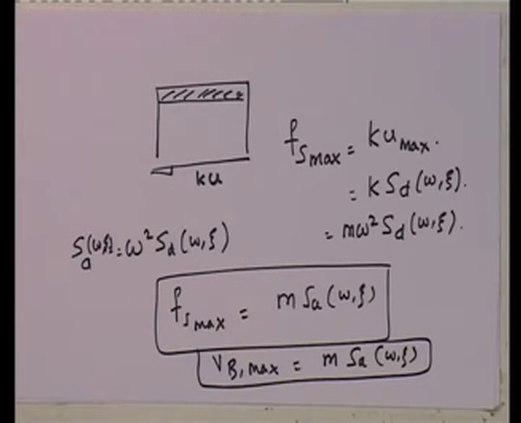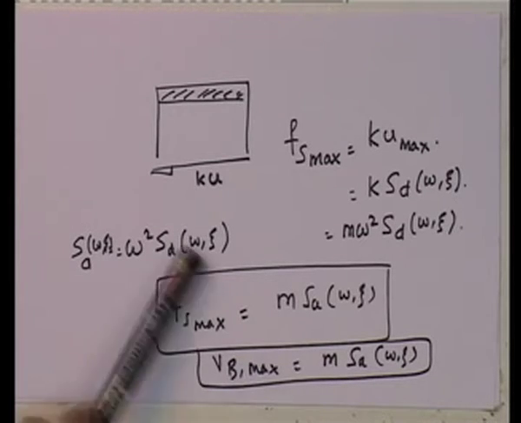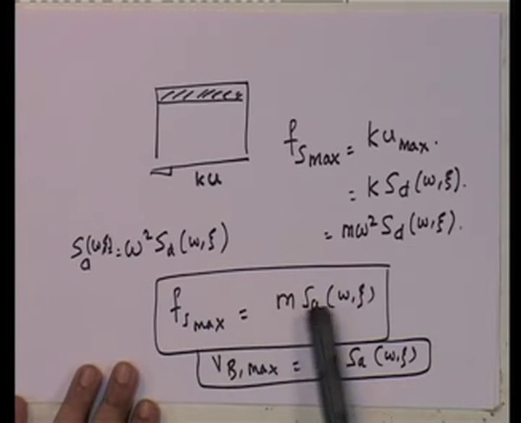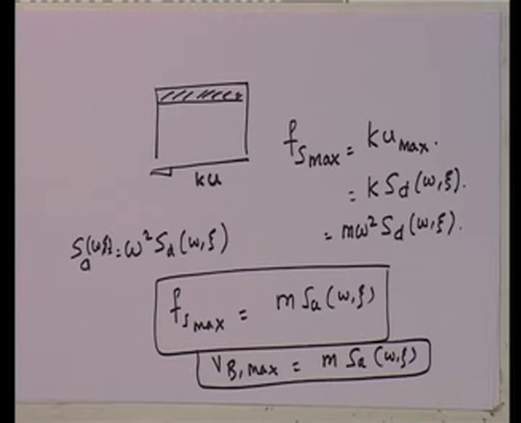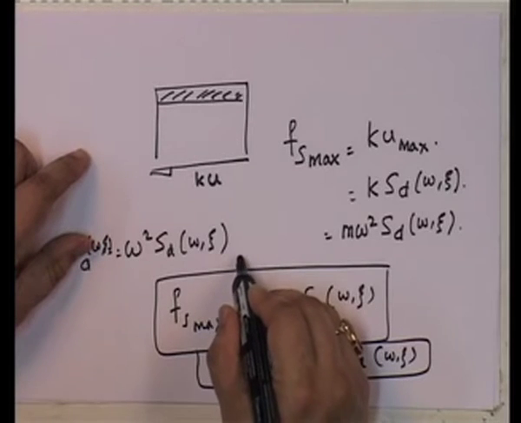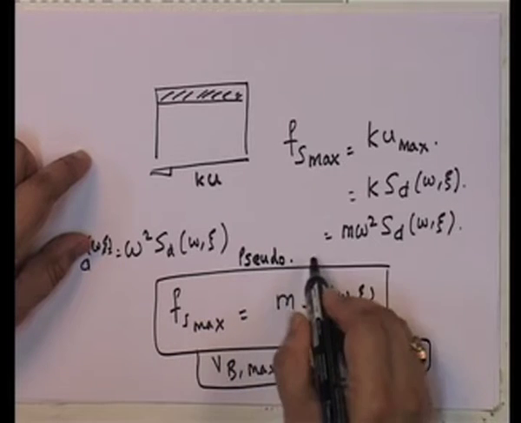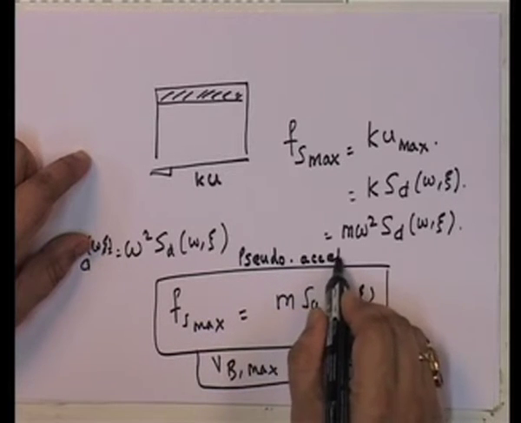So, what is this S a? The S a is related to the deformation spectrum, and in a way force is equal to mass into acceleration. So, it is like a pseudo acceleration, because it does not represent the true acceleration.